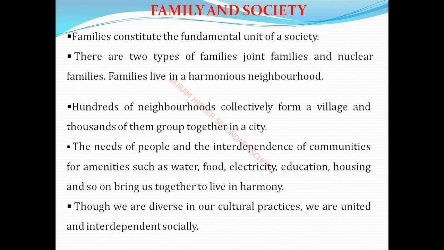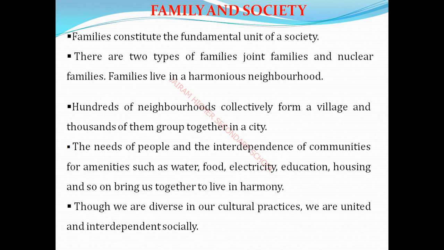Families live in a harmonious neighborhood. Harmony means a state of peaceful existence, growing along together without any fight. We are living a harmonious life along with our neighborhood.